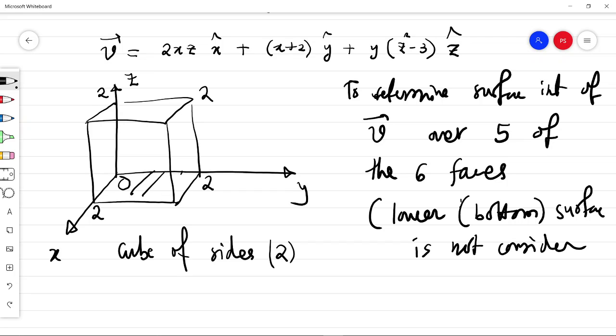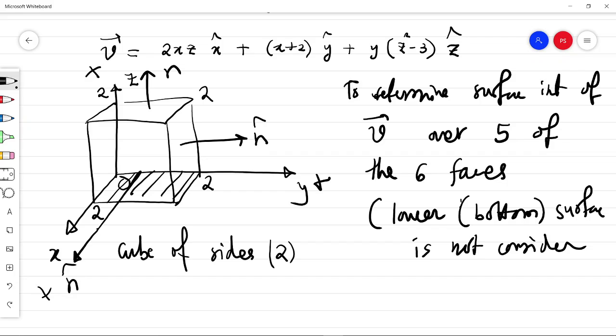So this surface we are not going to consider in this case. As far as directions are concerned, we can always draw vectors perpendicular to each of the remaining 5 faces, and these are the positive x, y and z directions, whereas the other three are negative x, y and z directions. Of course, this direction is not considered here.